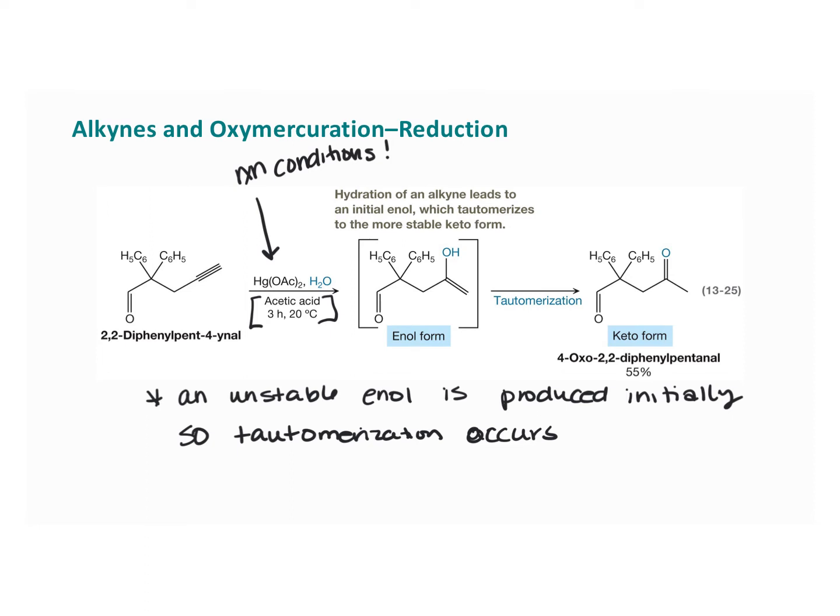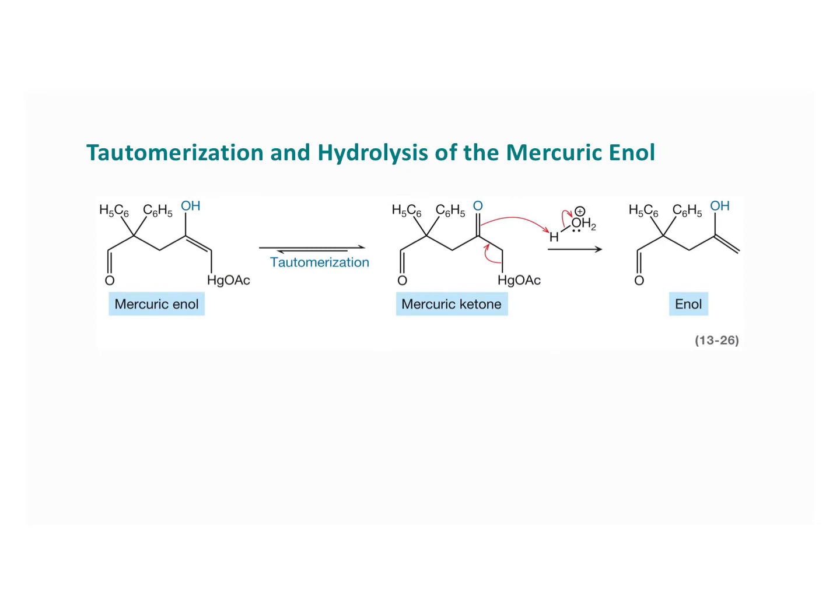Here, the mercurinium ion intermediate is going to open to produce this mercuric enol, and then afterwards it's going to tautomerize to a mercuric ketone.